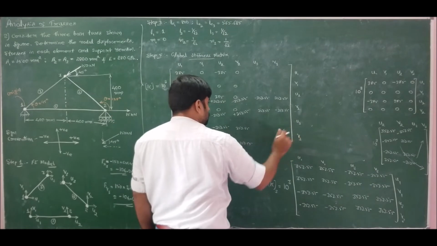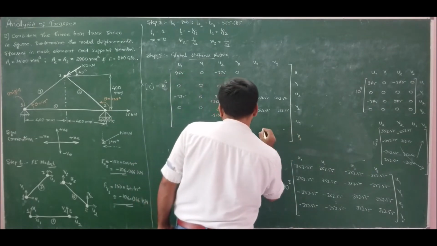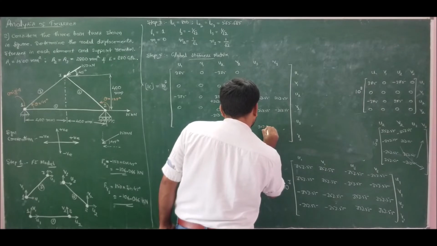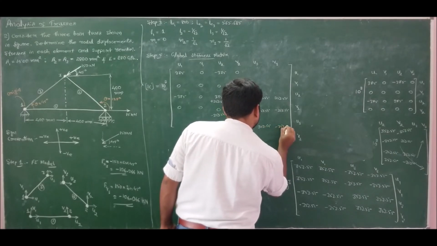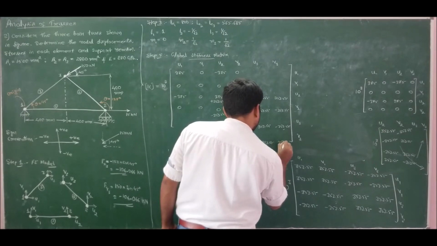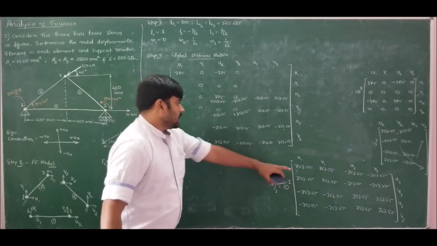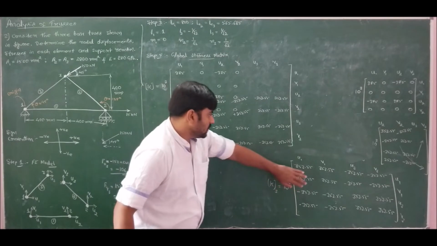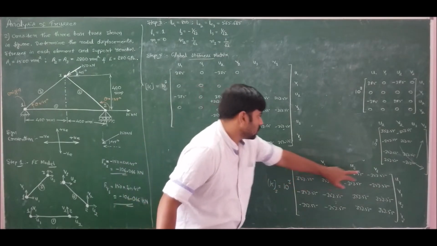u3 v3 cross u3 v3 will come here, that is plus 353.55 minus 353.55 minus 353.55 and plus 353.55. Now going for the last K3, if I choose these 4, the order is u1 v1 cross u1 v1.